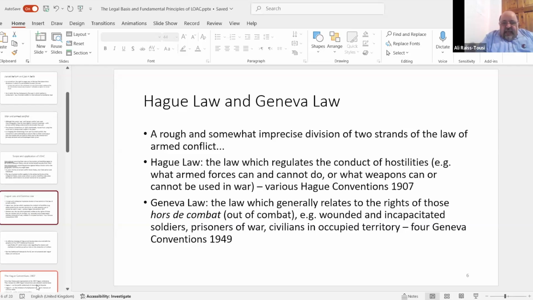If State A attacks State B, occupies all or part of the territory of State B, the civilians living in the occupied territory will have rights, rights that the occupying power, the occupying state, has an obligation to consider and to look out for. And Geneva law deals with these issues, the rights of people who are not in combat.